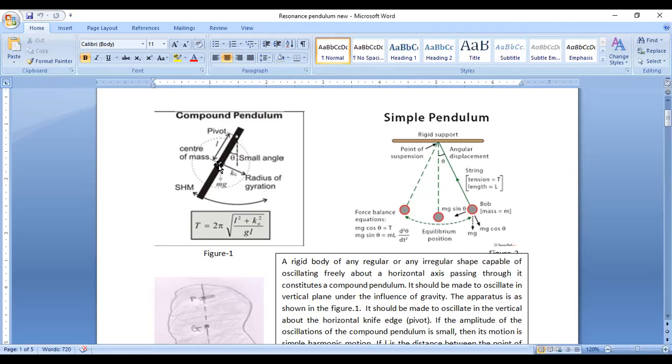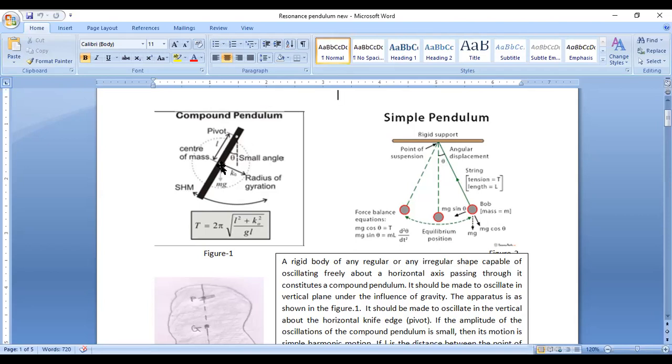So please remember L. The point of suspension is the point through which your horizontal axis is passing through the compound pendulum, through the rigid body, through the bar pendulum.